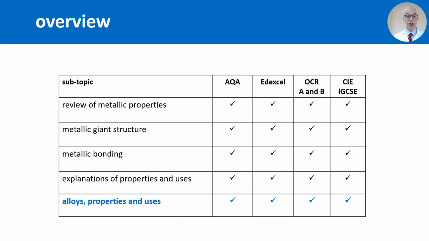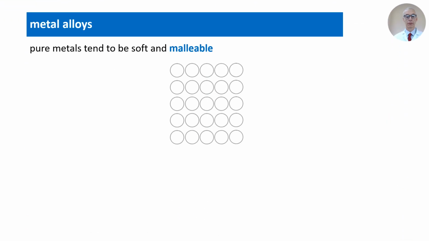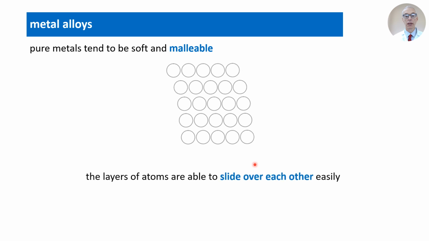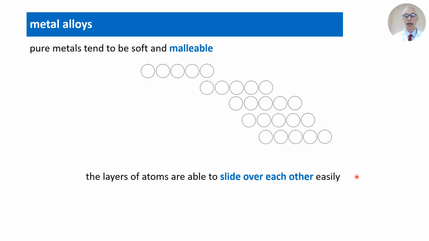And finally, let's consider alloys, the properties of alloys, and some uses. Let's start our discussion of metal alloys by thinking about pure metals, which tend to be soft and malleable. The layers of atoms are able to slide over each other very easily.